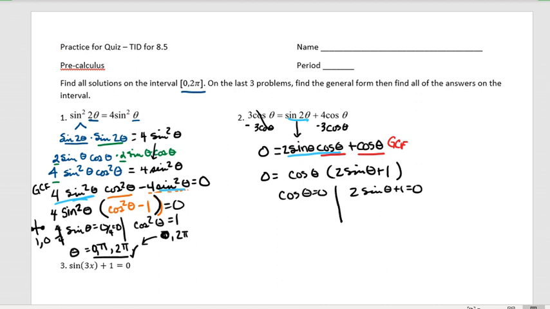Here's my 2 sides. That means sine theta is negative 1/2. So let's look and see where this happens. Where cosine is 0, that means the first one's 0. So that's out 0, up 1. This is at pi over 2. Theta is pi over 2.